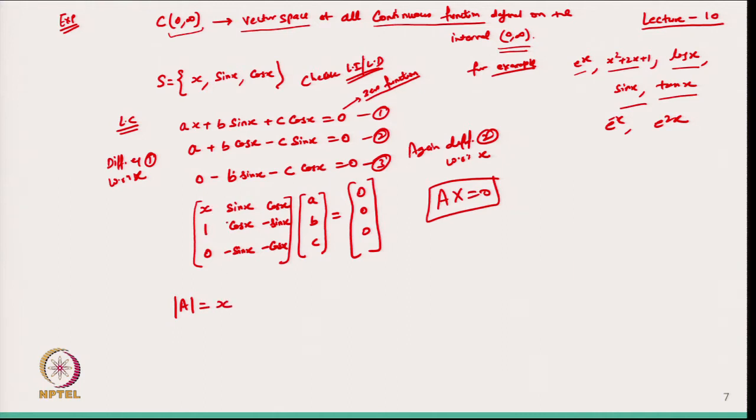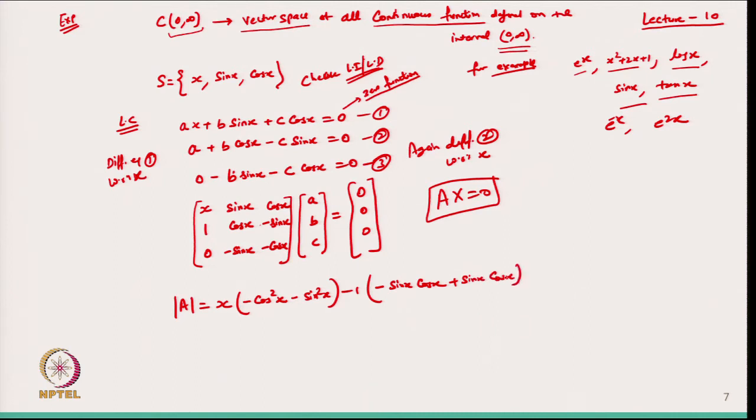So, x and then minus cos square x and then minus sin square x minus 1. So, this is minus 1. So, it will be minus sin x cos x and then plus sin x cos x.